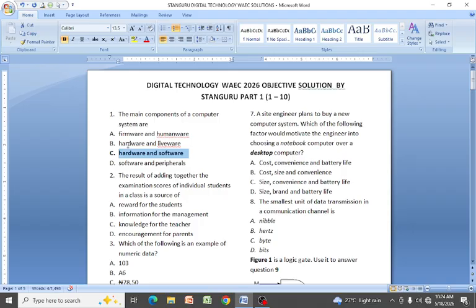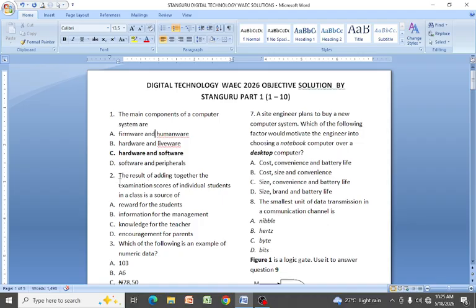If you look at C, the physical part of the computer is the hardware, because a computer system is made up of hardware and software. That is the physical parts and the programs: hardware is the physical part and software is the program. Firmware and humanware is not correct because firmware is only a special type of software, not a main component, while humanware is not a technical component of a computer system.